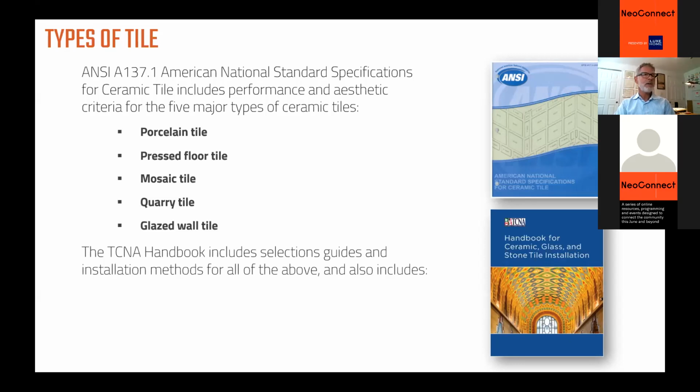Now, the Tile Council Handbook also covers all of the above, and in addition, it also covers glass tile, natural stone tile, and this new thing, well, it's not so new anymore, but it's newish, gauged porcelain and gauged porcelain panels.